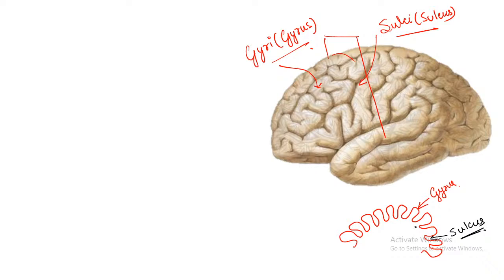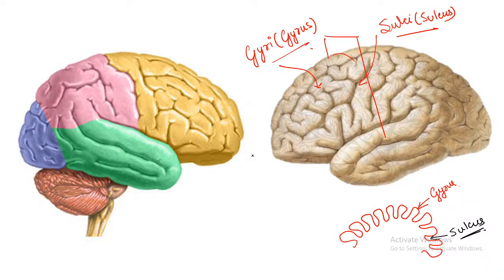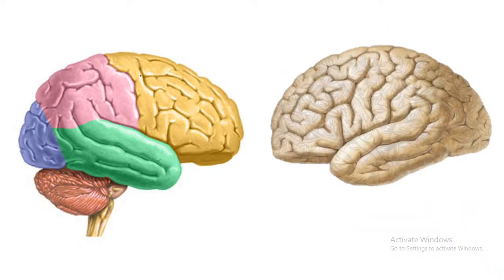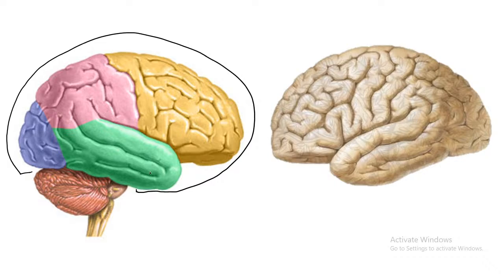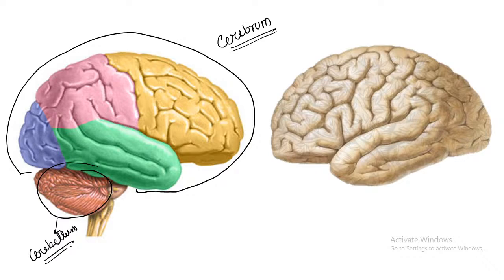Now this entire structure of the brain, whatever we can make out of the brain from outside, from here to here, is known as the cerebrum. And this small part over here is known as the cerebellum.